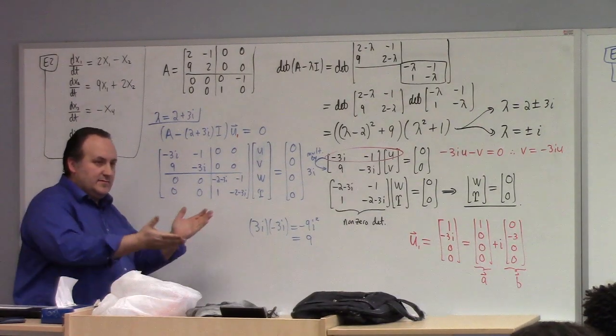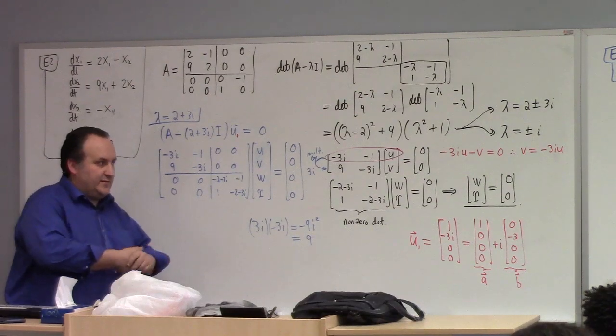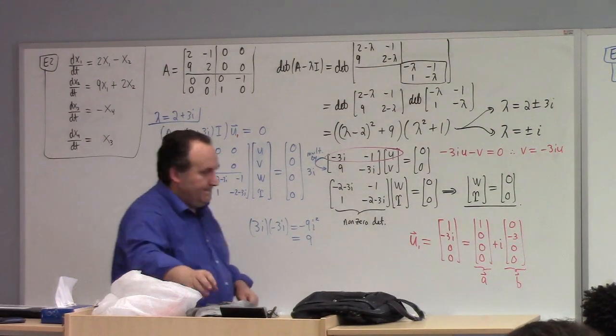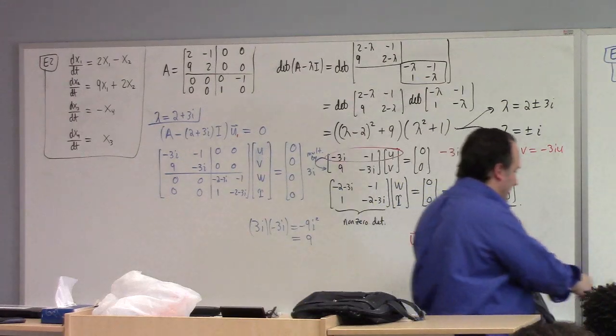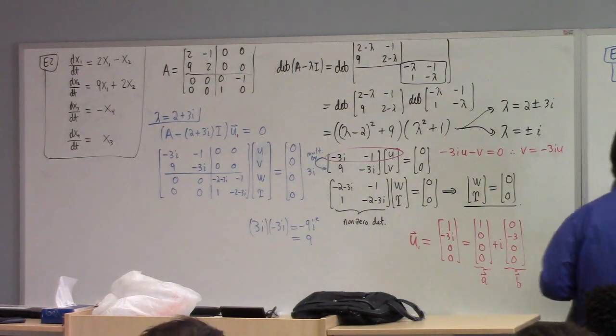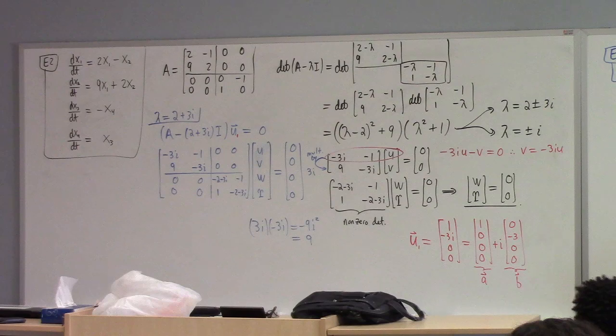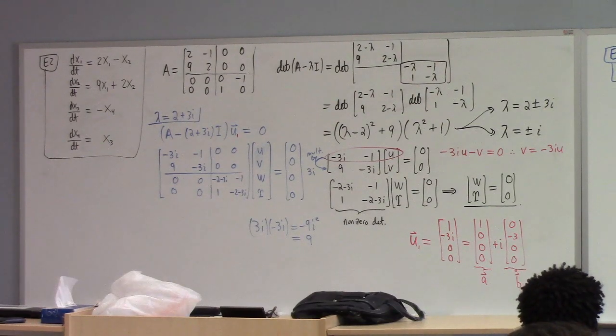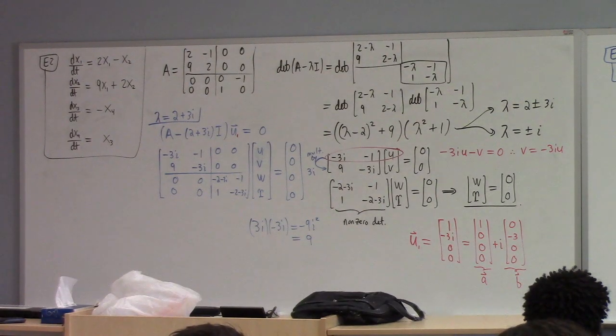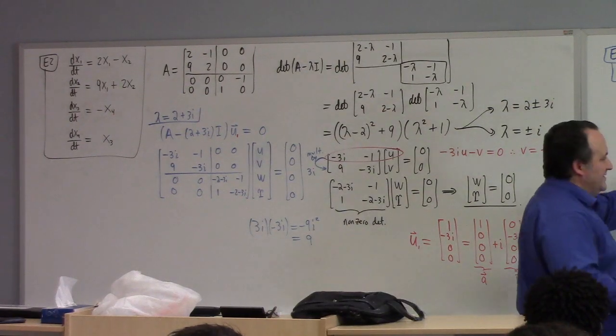So that's good. We still have another eigenvalue to do, right? This determinant calculation here is right on the edge of what I think is test reasonable for you guys. It's borderline. I wouldn't want to put 2 of these on the test. And if I did put this on the test, I would be tempted to give a hint.